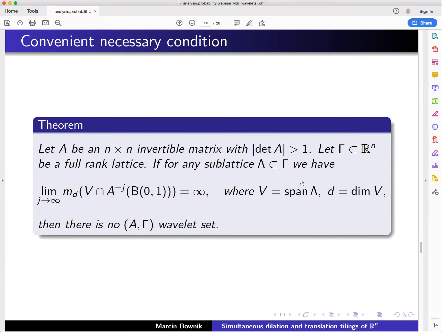This is a d-dimensional space. You look at the Lebesgue measure. If this Lebesgue measure goes to infinity, then there will be no A-Gamma wavelet sets. Right. So that's what we can prove.